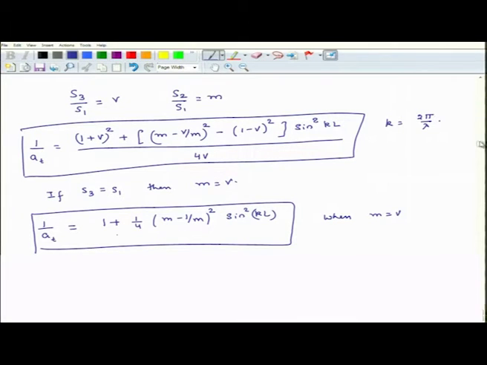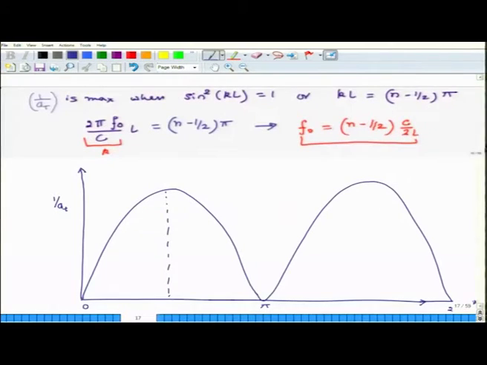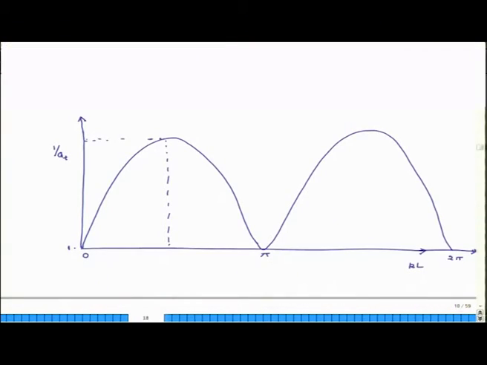So this axis starts from 1 and it has a maximum. When sine kL is 0, then 1 over AT is 1 and transmission loss is 0 decibels. Let us say that this m corresponds to some value, let us say it is 40.